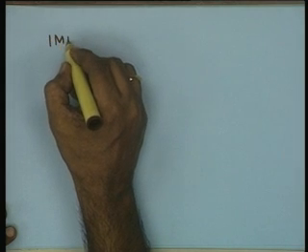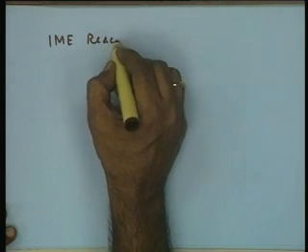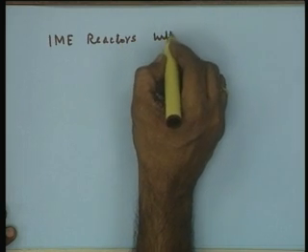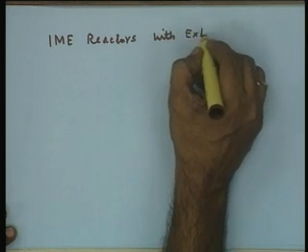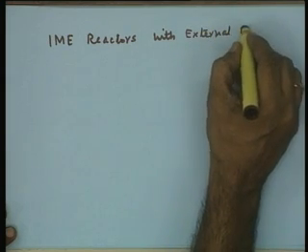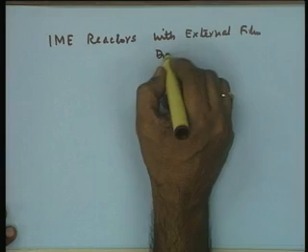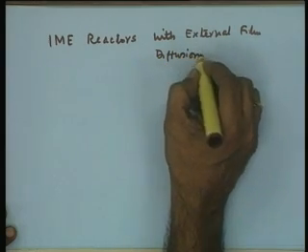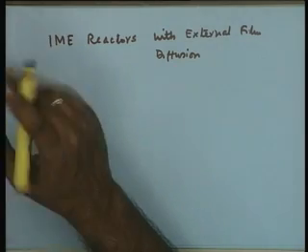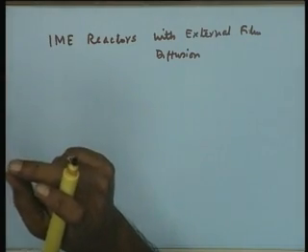Now if you look at immobilized enzyme reactors with external film diffusion, that means there is a thick film of substrate around the immobilized enzyme particle, which causes a substrate gradient across the film, and therefore the concentration of the substrate at the surface of the immobilized enzyme particle is not the same as in the bulk.